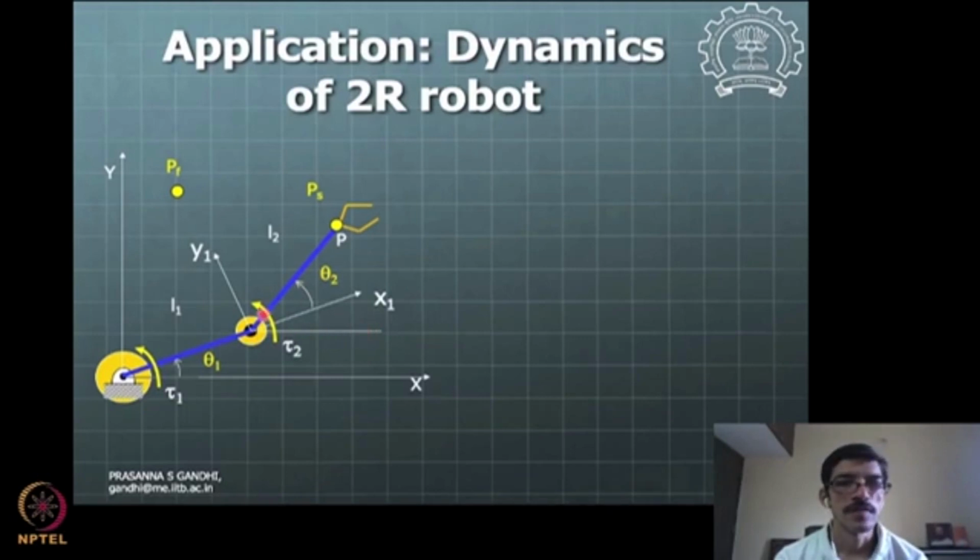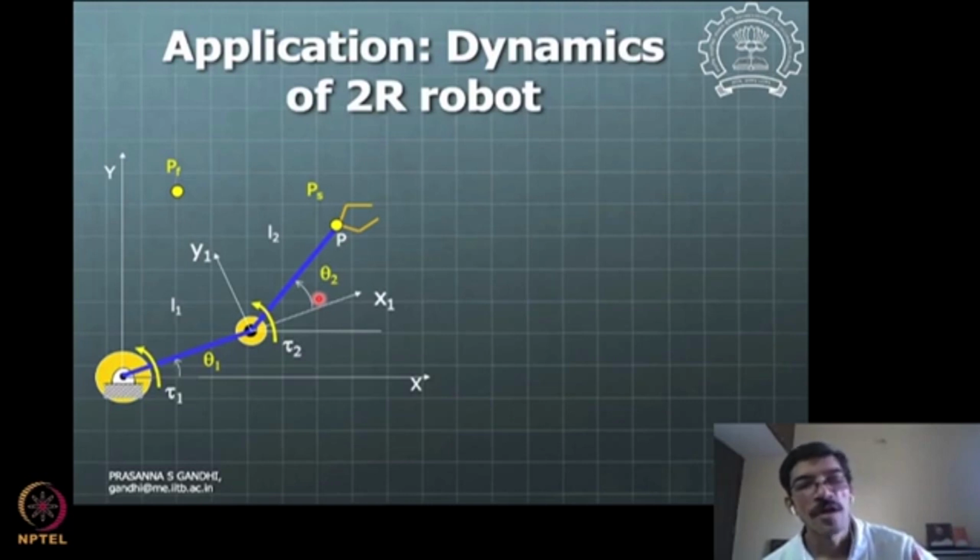With respect to the stationary x axis, the angle will be theta 1 plus theta 2 for this link. This is done because theta 2 is not deformation, it is the angle of rotation of the motor that is existing at this point.